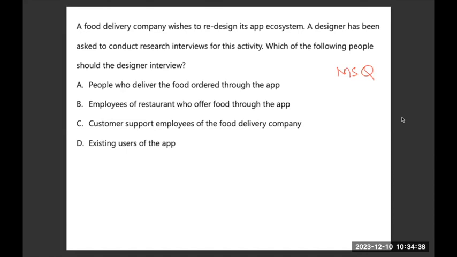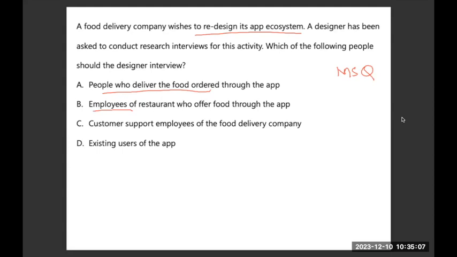In this case, all the 4 answers are correct. A, B, C, D. Because in order to redesign the whole ecosystem of the app, you not only need to interview the people who deliver the food, the boys or the girls who will be delivering the food. You also need to interview the employees of the restaurant who are making the food, creating the whole package which will be taken up by the delivery people.